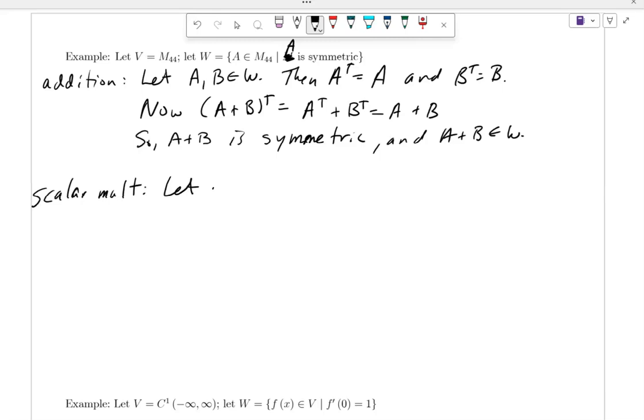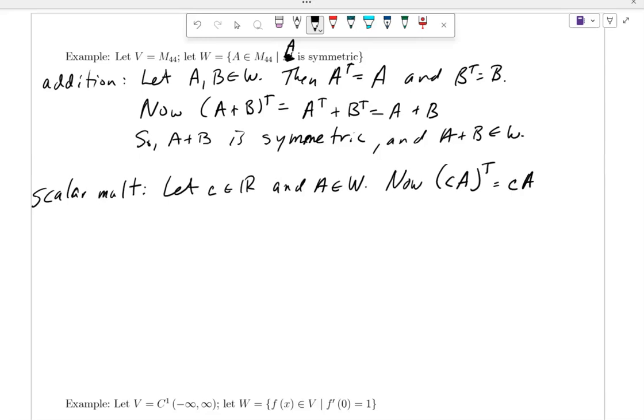Let's do C in R, and I'll just use the same A, but I'll rewrite it. Again, I need to show that C times A is symmetric. So I want to do C times A transpose. What can you do with the C?